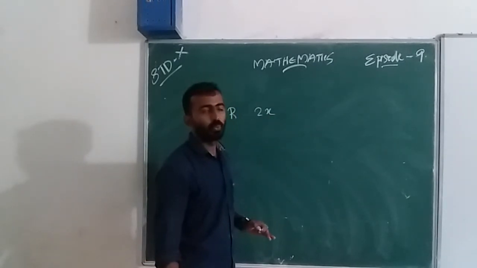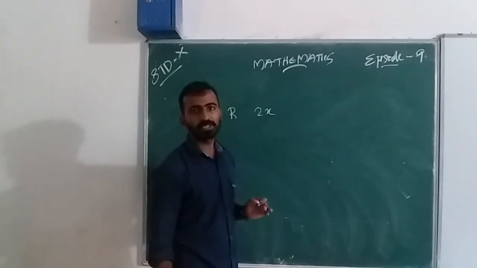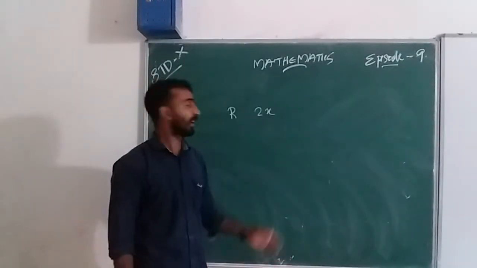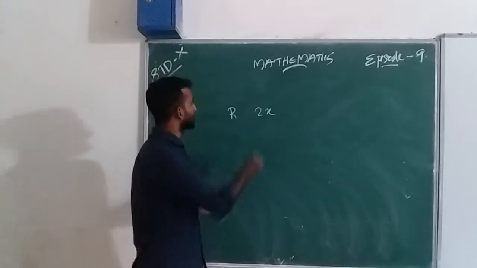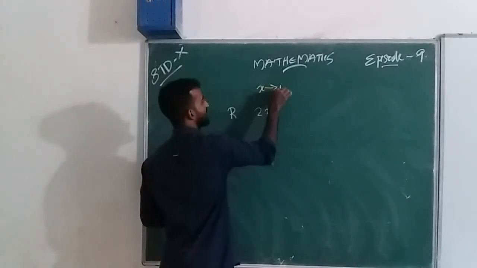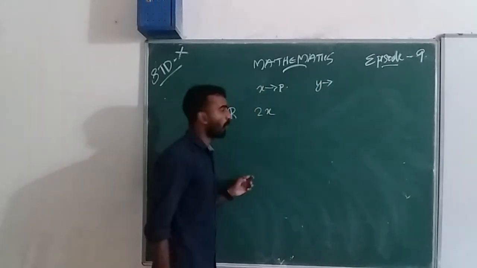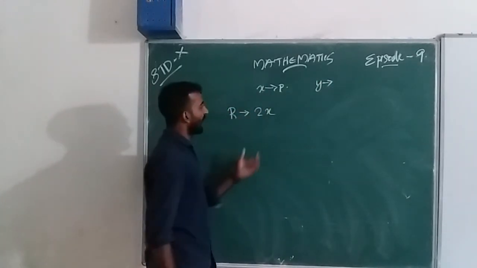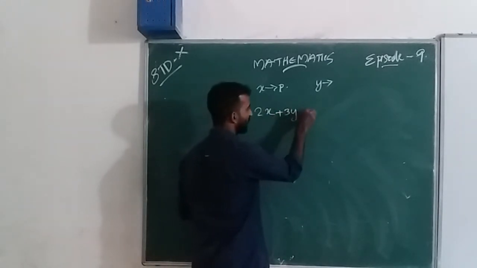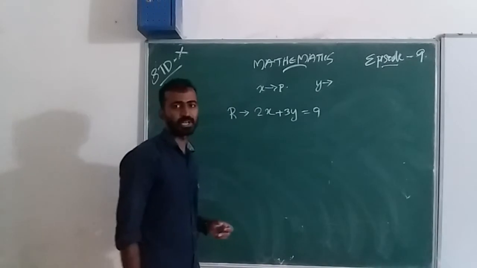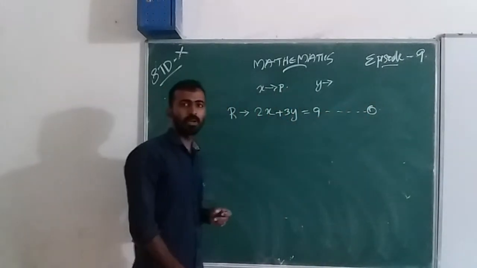Consider x as the number of pencils and y as the number of erasers. Romana bought 2 pencils and 3 erasers, so we can write this equation: 2x plus 3y equals 9. This is equation number 1.